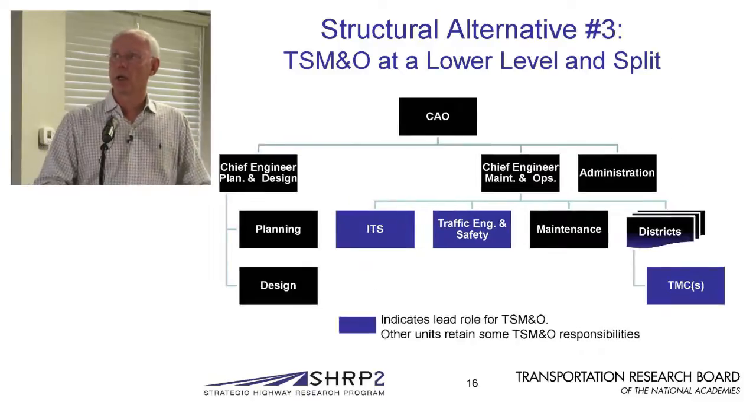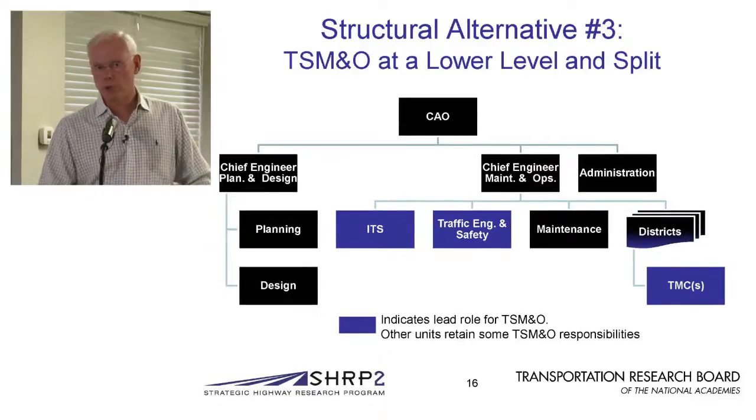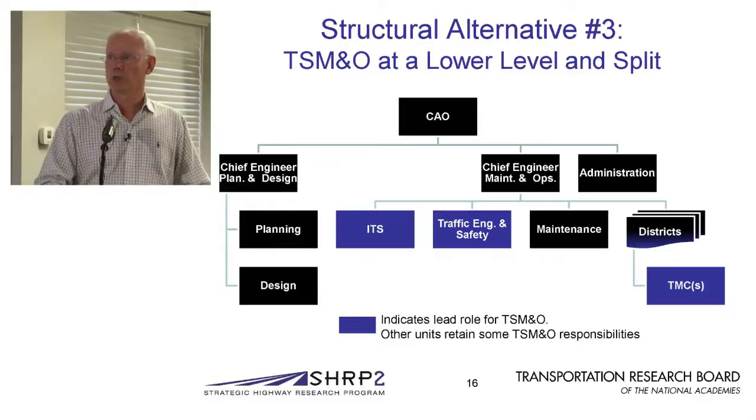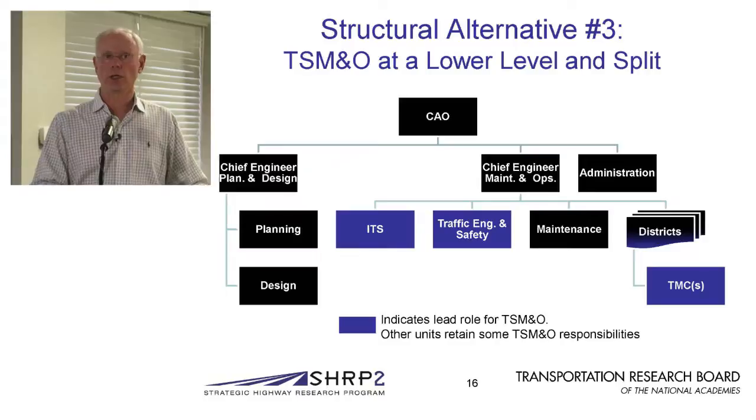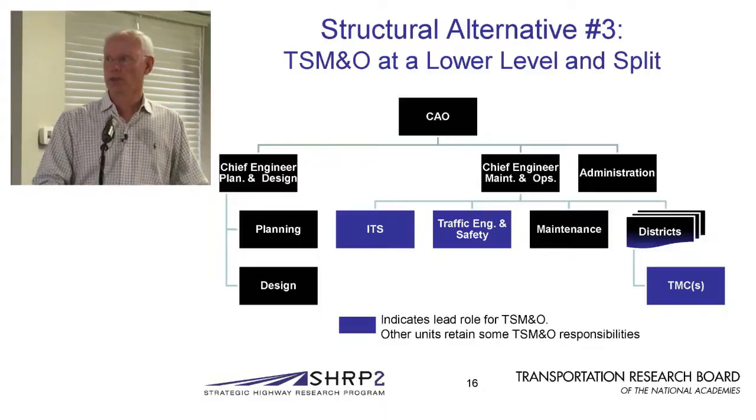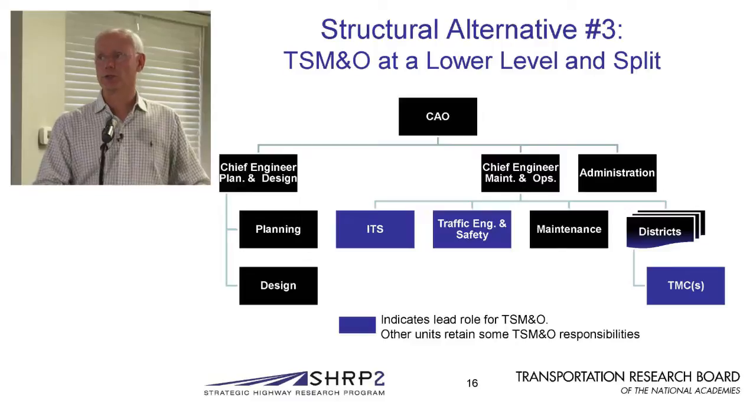An even more typical organization chart might look something like this, which is similar to what we just saw in Maryland, except that you'll note that the TMCs have now been moved under the districts. And that is very typical, especially in states where you have larger urban areas with a lot of rural in between. So you'll see the TMCs within the districts.